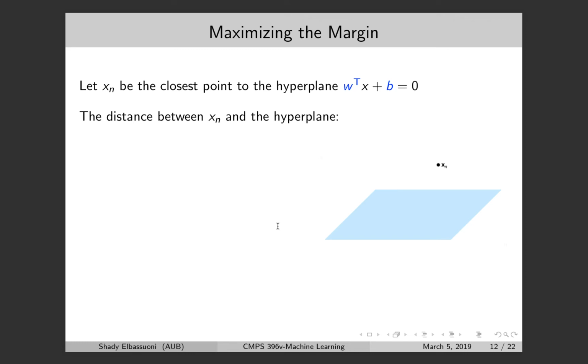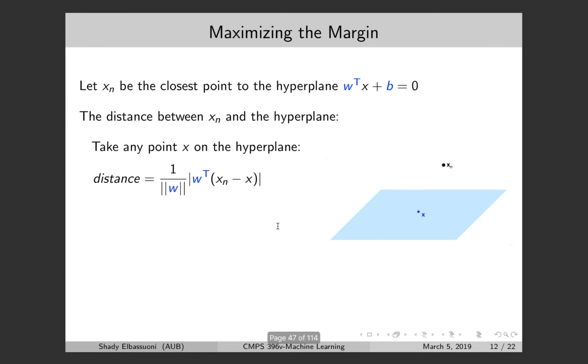Now let's measure the distance between xn and the hyperplane. We're going to take any point on the hyperplane, and let's call this point x. Then the distance between xn and the hyperplane is given by the following formula. We've shown this in the Zoom lecture using a line.